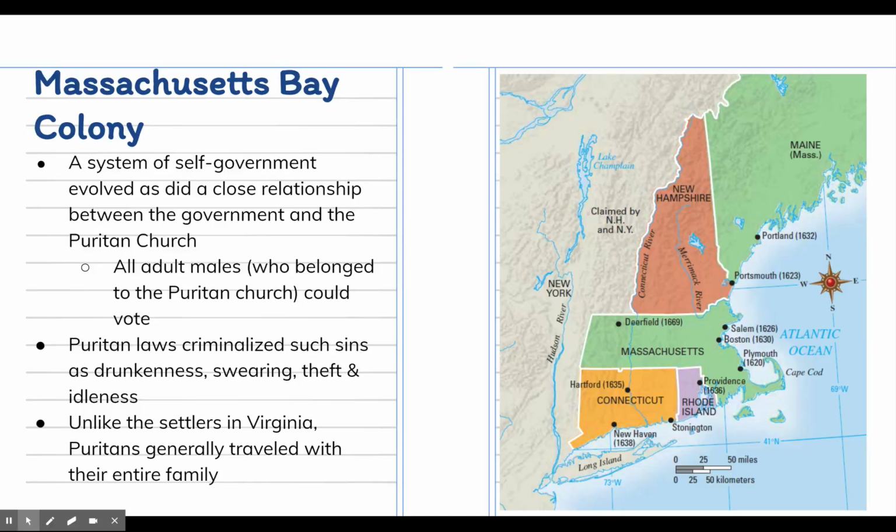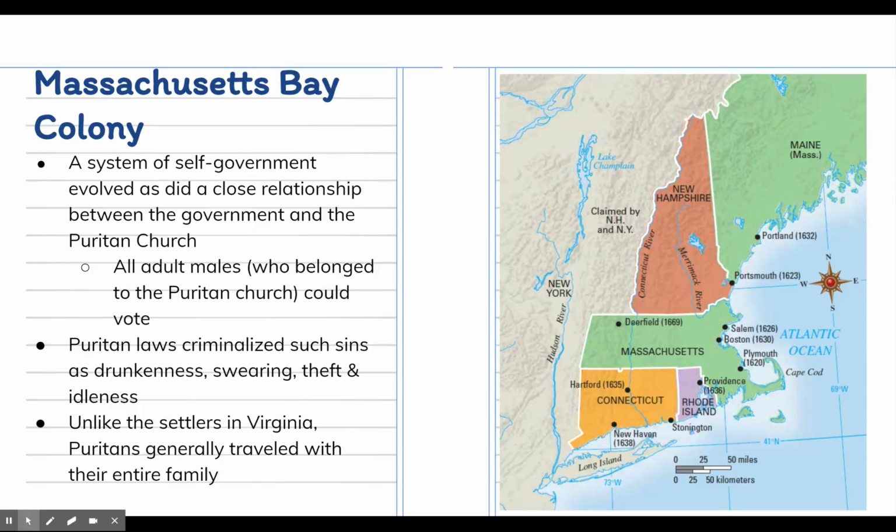Puritan laws criminalized such sins as drunkenness, swearing, theft, and idleness. So we see a lot of Puritan laws influencing the government. So again, that close relationship between church and state. And people could be punished for not following Puritan law to the highest extent.